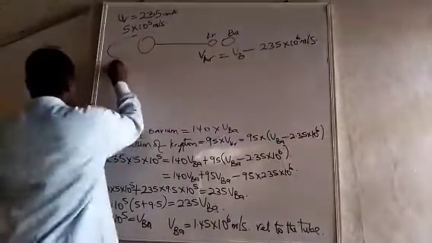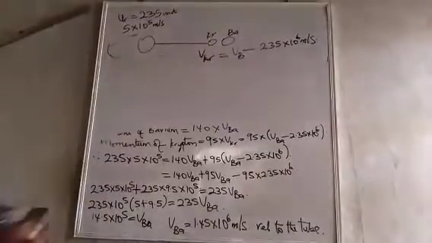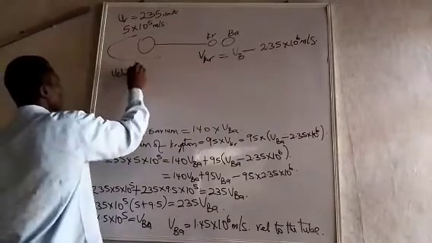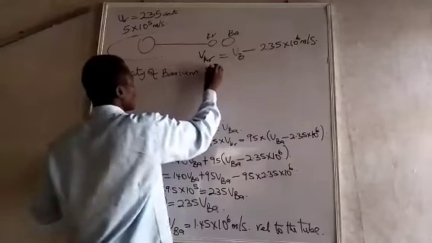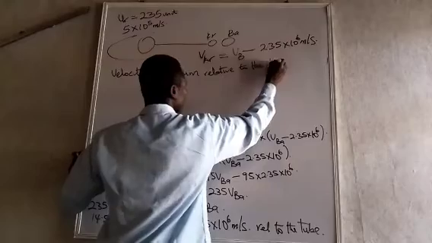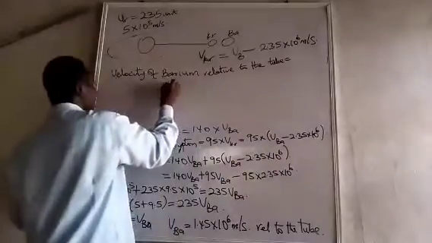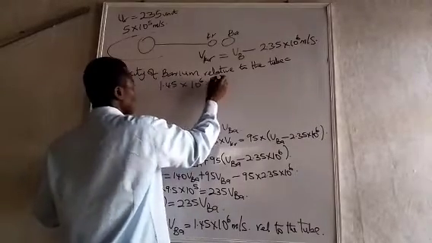So, the velocity of barium relative to the tube is equal to 1.45 times 10 to the power 6 meters per second.